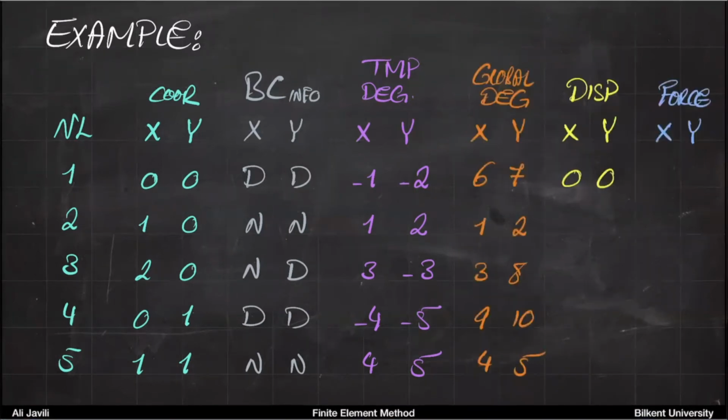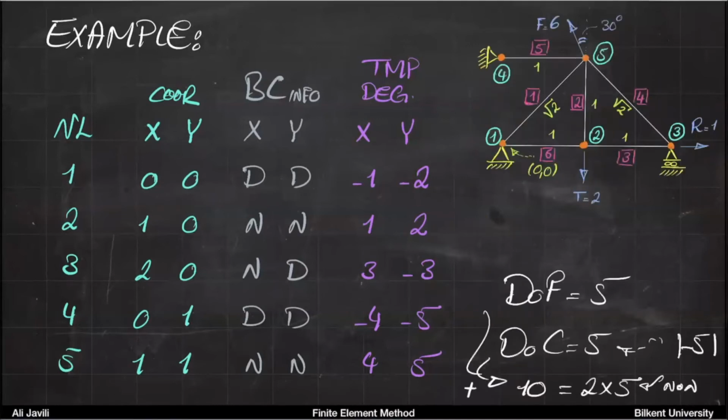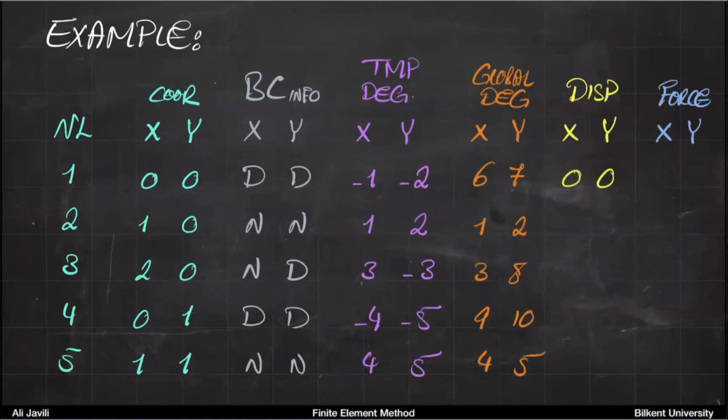So the force in the y direction is known, and that is -2. It's 2 downwards. So you would have -2, and the force in the x direction is 0, right? So basically, it's just like that.